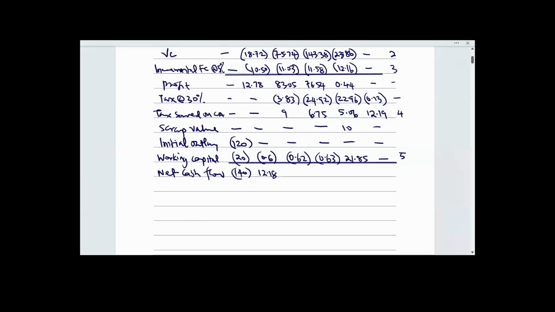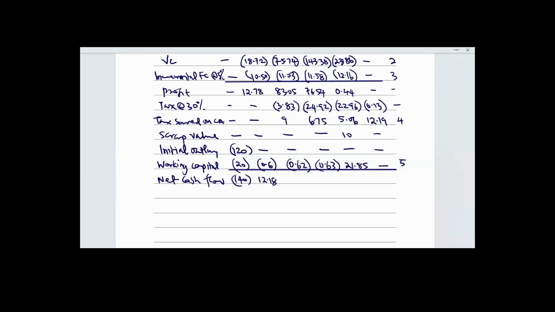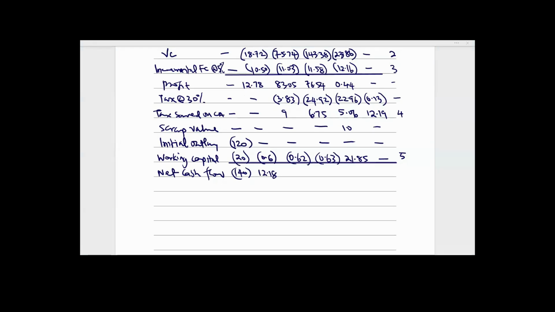Then year 2, 83.05 minus 3.83 plus 9 minus 0.62 equals 87.6.